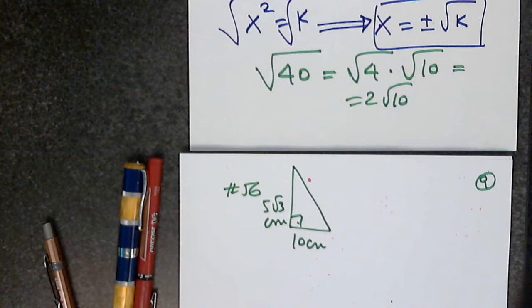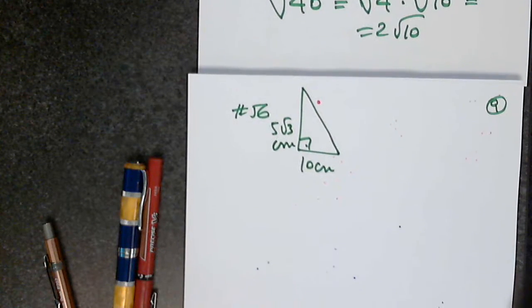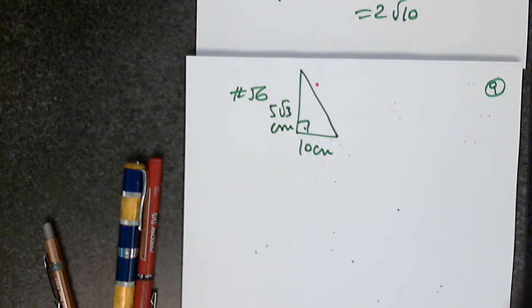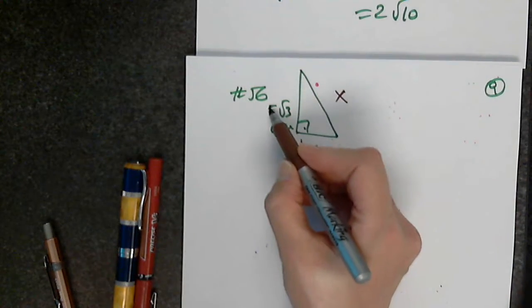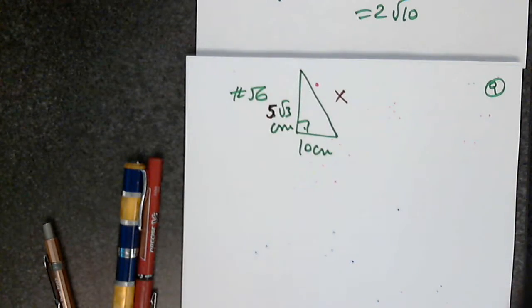Please find the hypotenuse. You said 5 square root of 3. What's the one on the bottom? 10 centimeters. Okay. Good. Say it again.